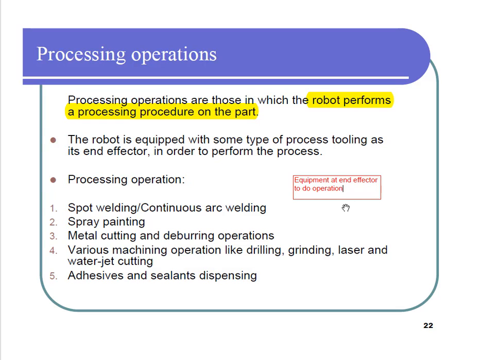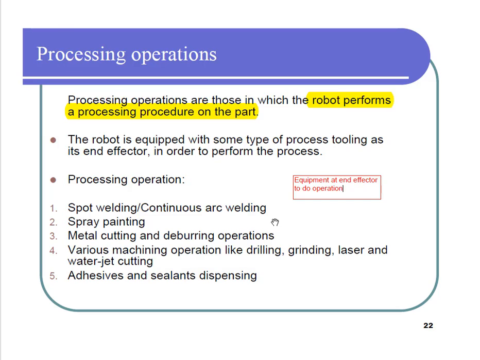Alright, so drilling, you put a driller at the end effector, and so on. So these are any process related operations like spot welding, spray painting, or even metal cutting or deburring operations, and so on.